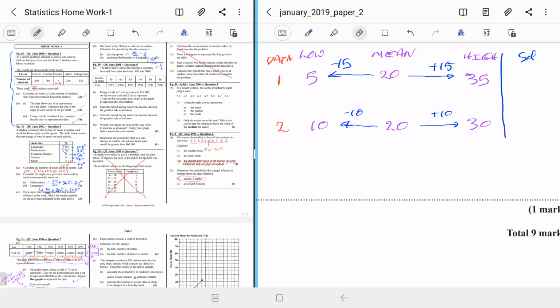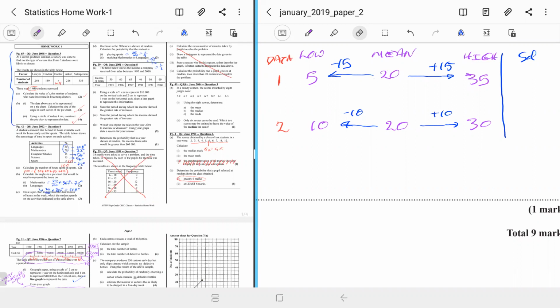So standard deviation is a measure of how far the data varies from the mean, how close or how wide the data is from the mean. The higher the variance from the mean, the higher the standard deviation. The lower the variance of the data from the mean on average, the lower the standard deviation.